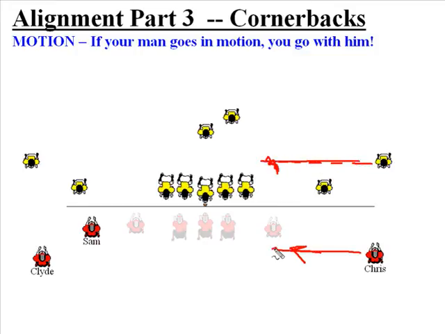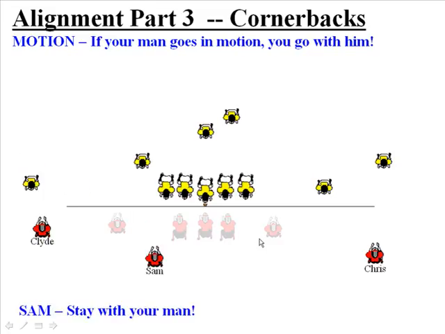You're going to go right with him, and you cover him. He might become a blocker, but whatever happens, you're going to meet him at the line of scrimmage and cover him just like he's a receiver, doing the bump and run coverage technique we'll show you in a little bit.